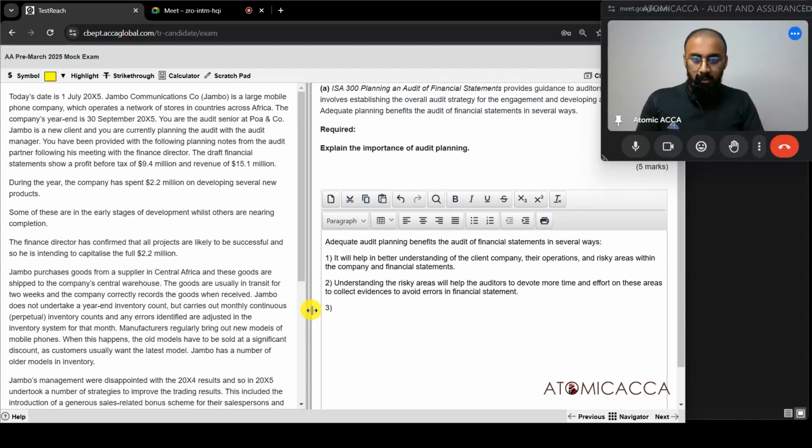So proper audit planning helps the audit firm in selecting the right candidates within the audit team with appropriate knowledge and competency to deal with the specific client.